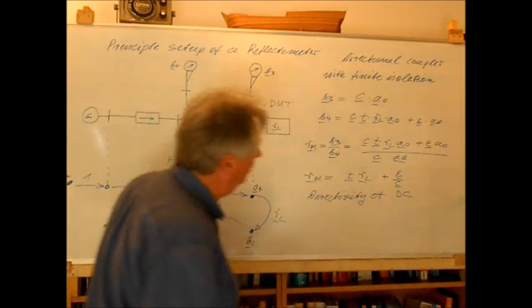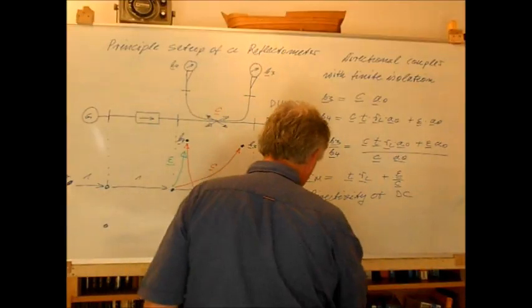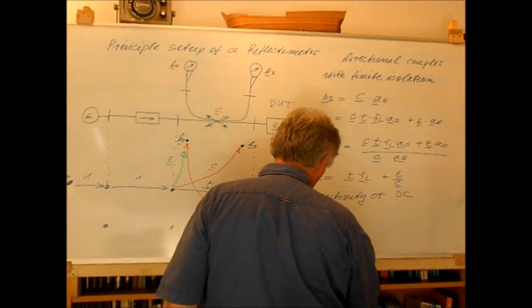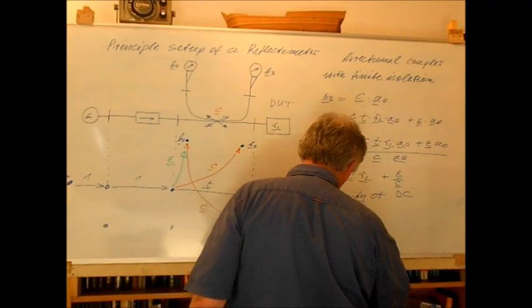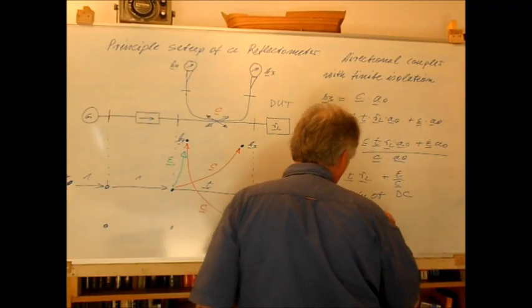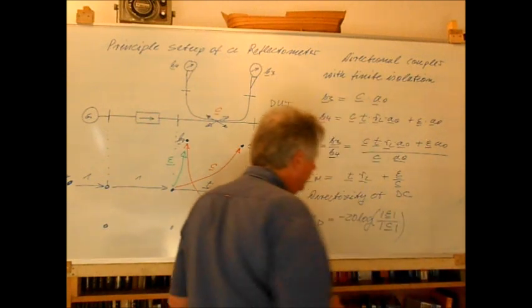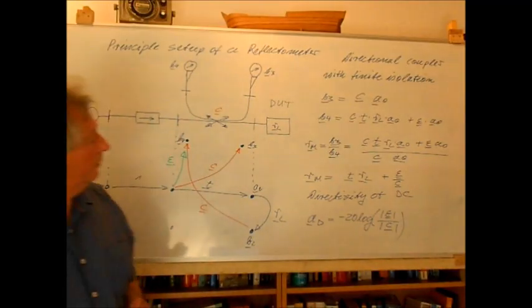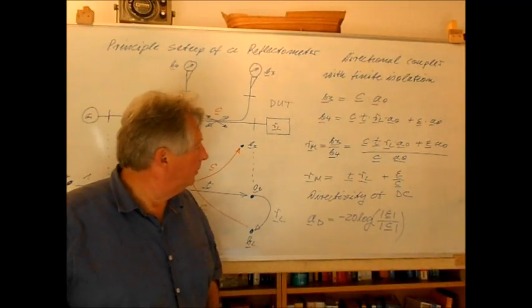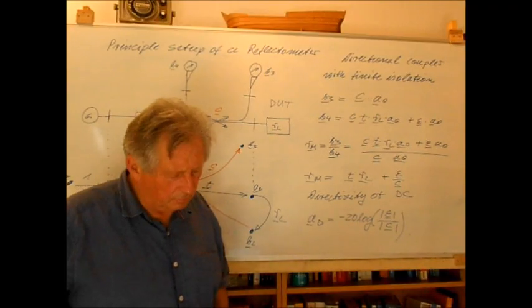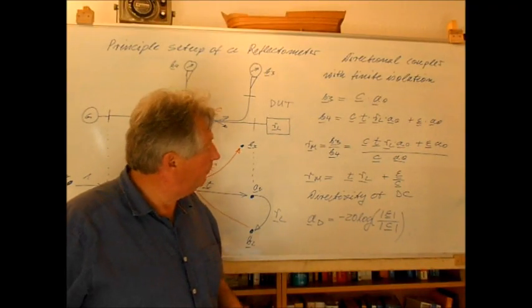The directivity of our directional coupler normally is denoted as AD is minus 20 log absolute value of epsilon divided by absolute value of C. This is normally denoted the so-called directivity of a directional coupler, and it determines the lowest reflection coefficient which can be measured without correction.